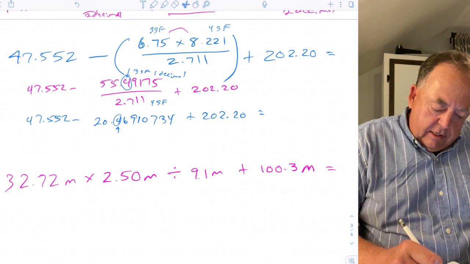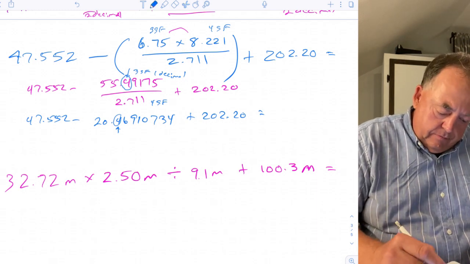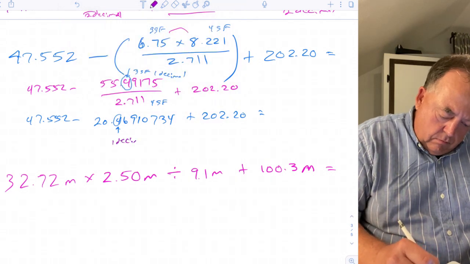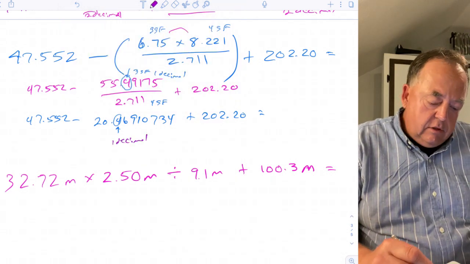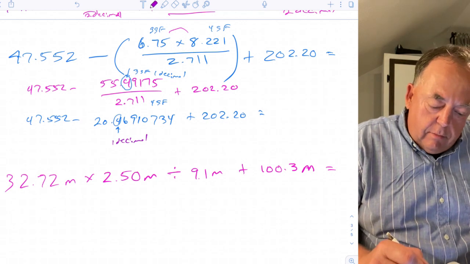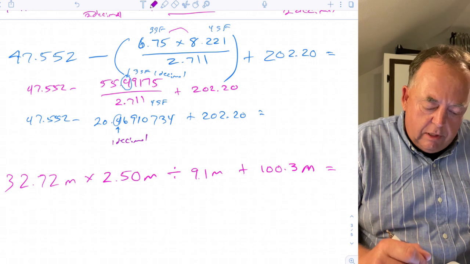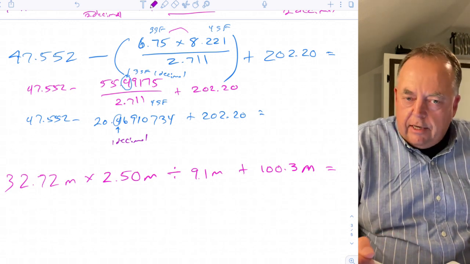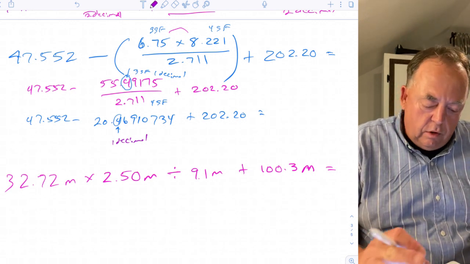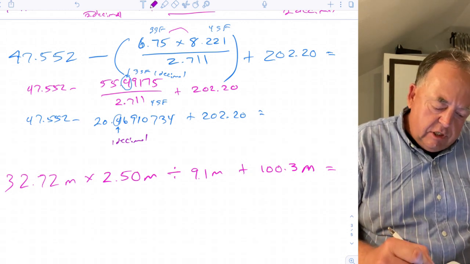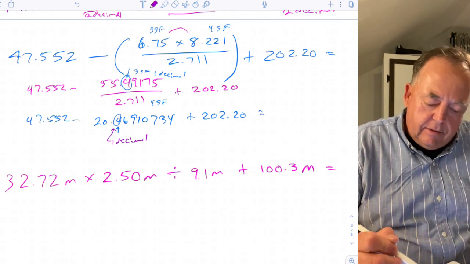Okay, so this has 1 decimal. Right, because the top number had 3 significant figures, the bottom had 4, so when we divide them, our answer can only have 3 significant figures, so 20.4 is where we would cut that number off if that was our answer, but we're not done calculating yet, so we don't round. We just keep all the digits.